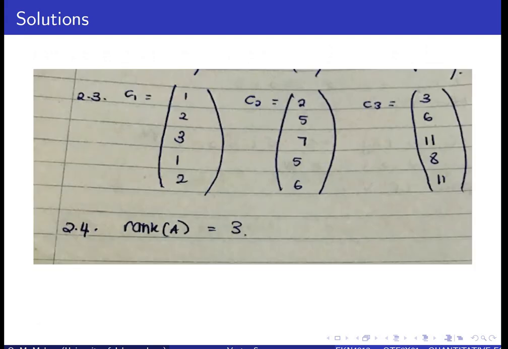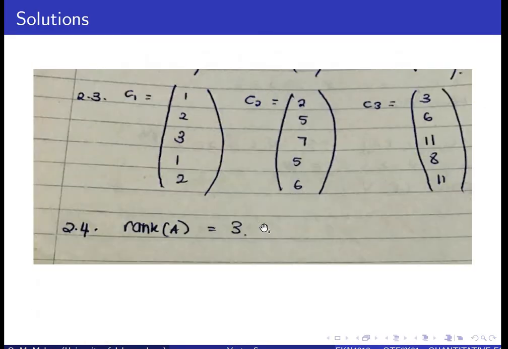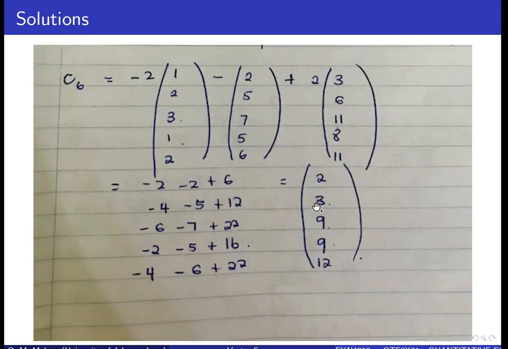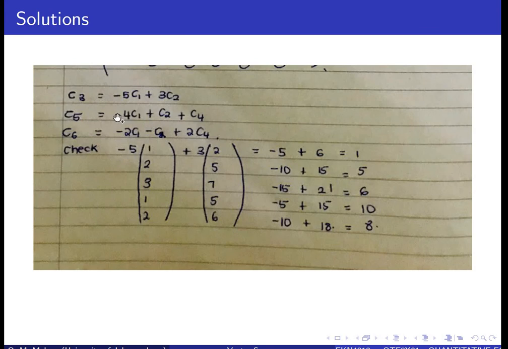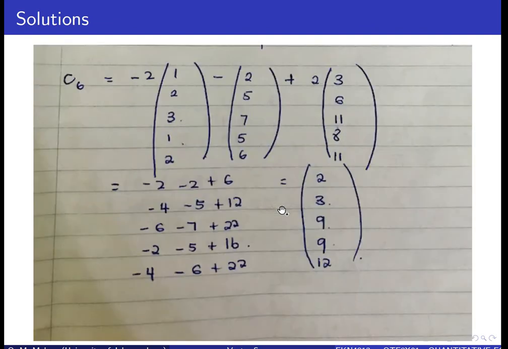The other entry should be 5, not 3, which means there's an algebraic error. And then C5 is negative 4C1 plus C2 plus C4. When I go back to C5 and C6, one entry threw me under the bus.